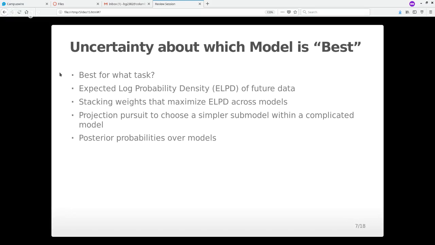Well, after we get the draws, it is sort of possible to approximate the denominator of Bayes' rule and thereby get these posterior probabilities over models.